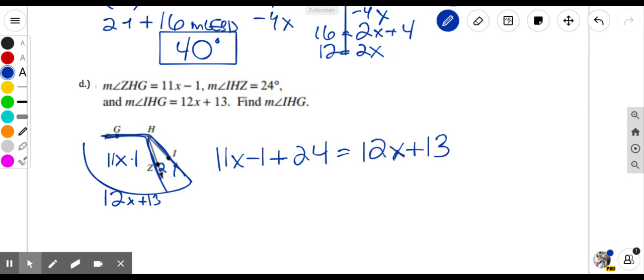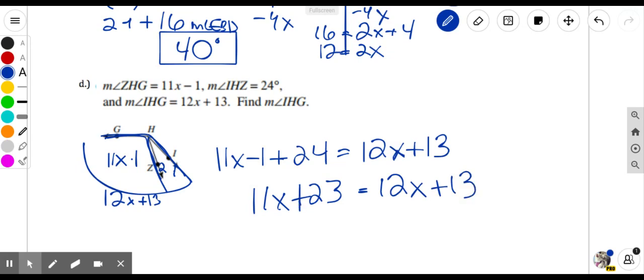So combine like terms. So it's going to be 11x plus 23 equals 12x plus 13. Subtract 11x. So this is going to be 23 equals x plus 13. Subtract 13. So we're going to have x is 10.